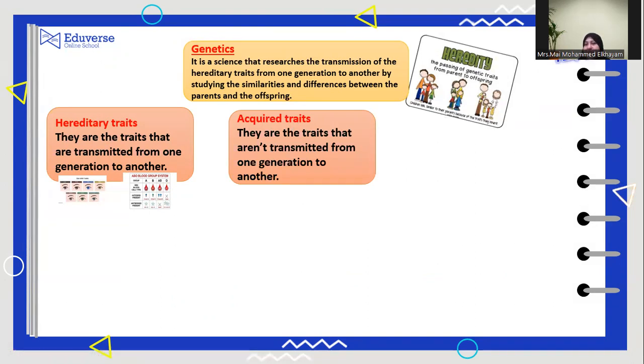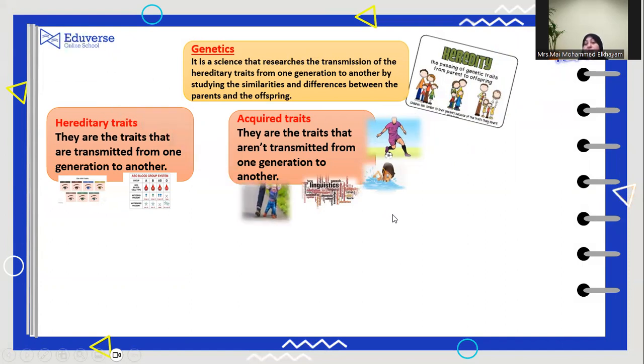They are acquired from the environment, like playing football, playing piano, swimming, or even talking in many languages like linguistics, and also knowing how to walk or practicing how to walk.